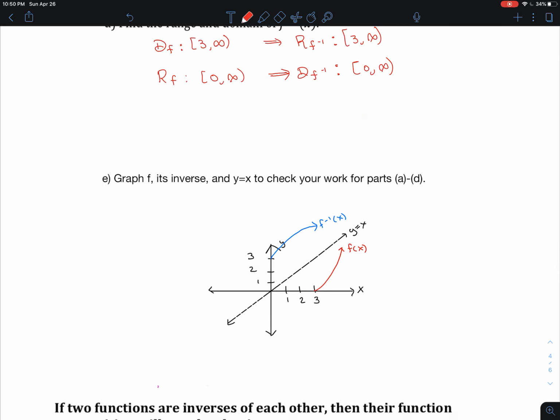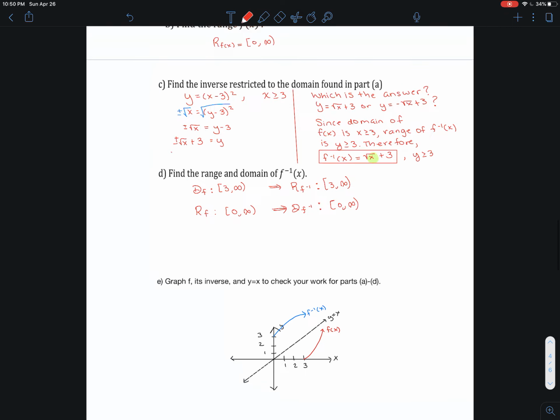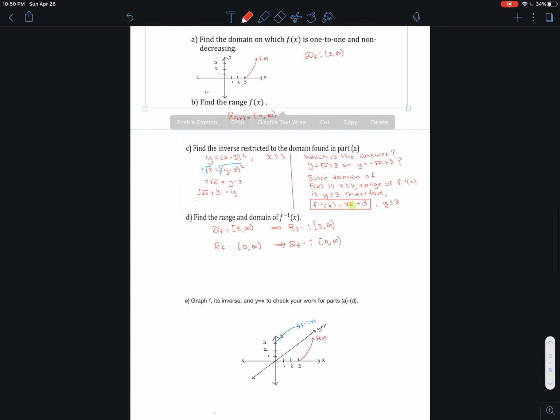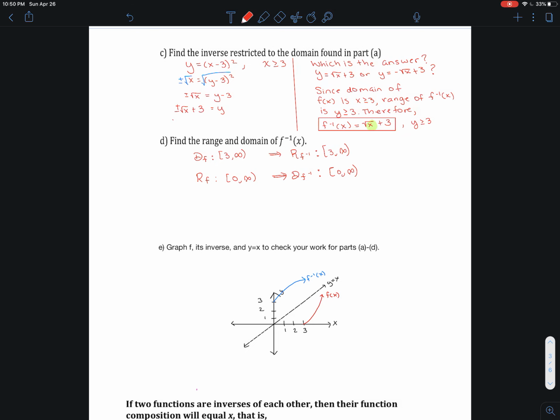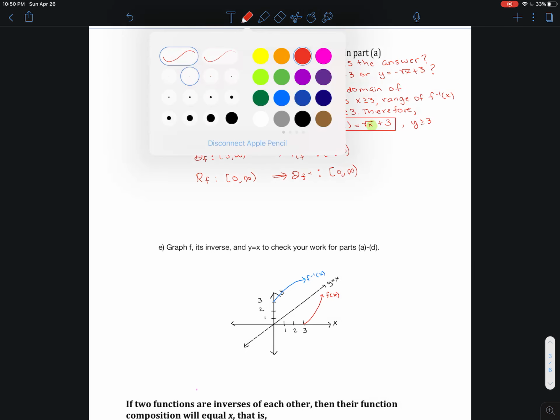Now, it does say to check our work for parts A through D. So we already know that our domain and our range are right from parts A and B because I graphed the function f of x. Now for part C, I already checked that. We already said that there was a transformation.